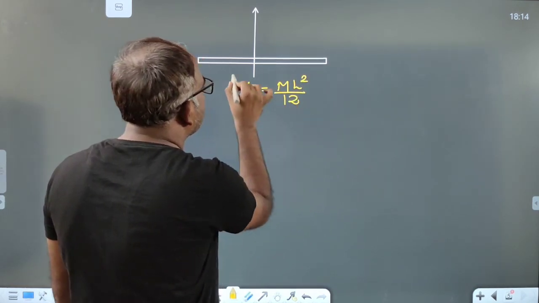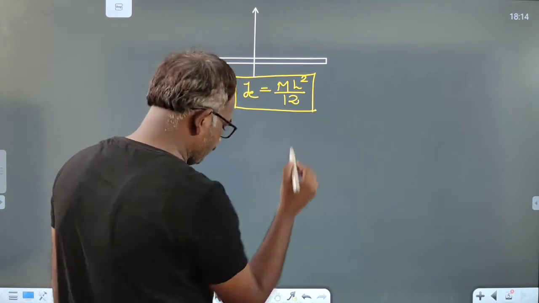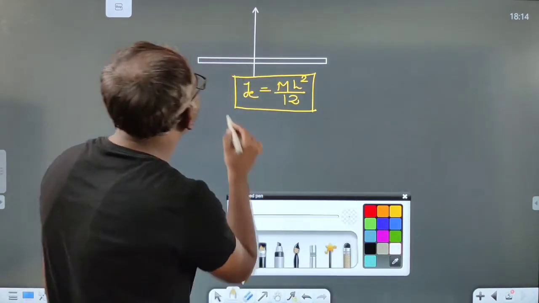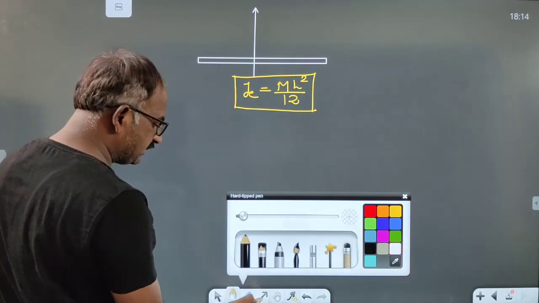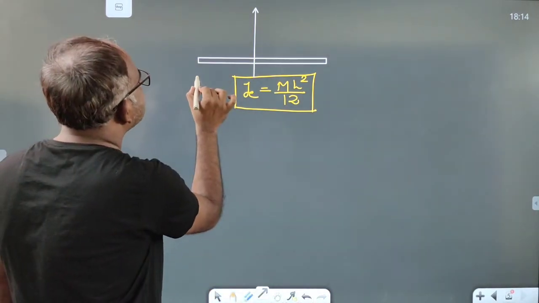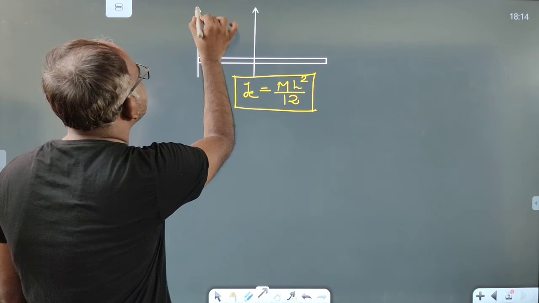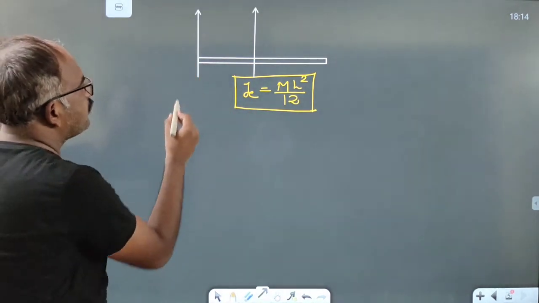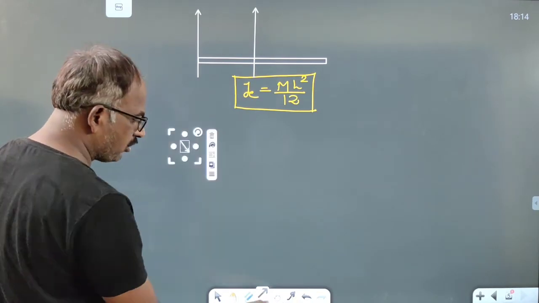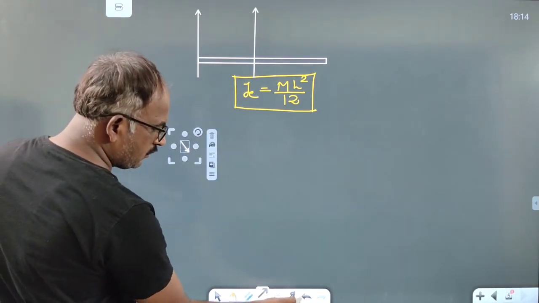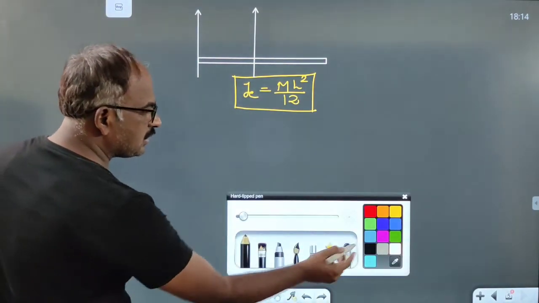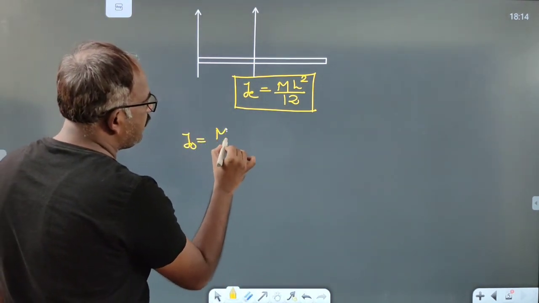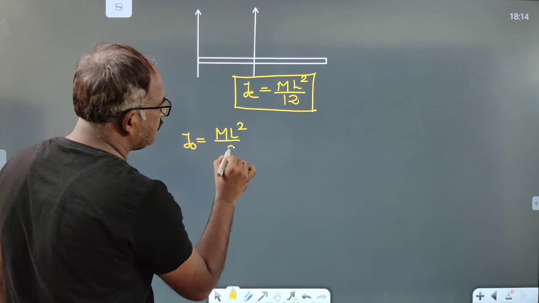Now in the first application of the theorem on parallel axis, we consider an axis passing through the edge of the thin uniform rod. Here we got the value IO equal to ML square by 3.